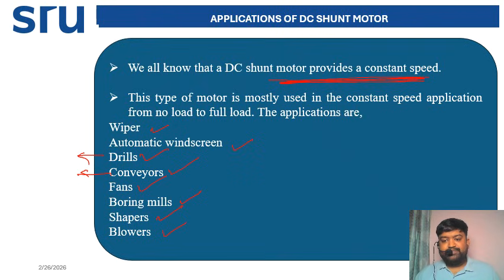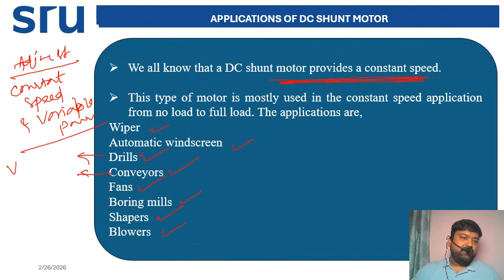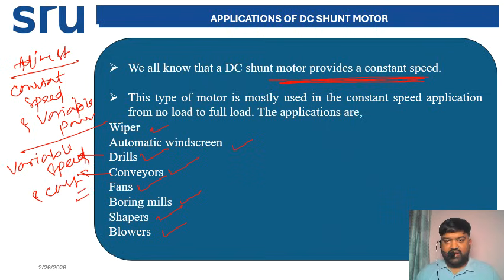There are two conditions in adjustable speed: constant speed and variable power, and the other is variable speed and constant power. These are the conditions of speed control in the case of the DC shunt motor.